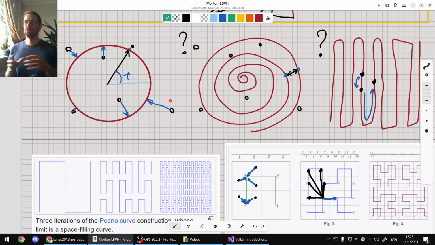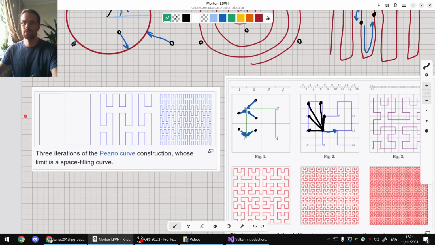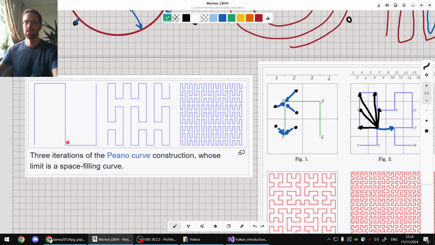And this idea of trying to cover all the space with some kind of a line, these lines are called space filling curves. And actually we want to get some properties that help us with this distance.